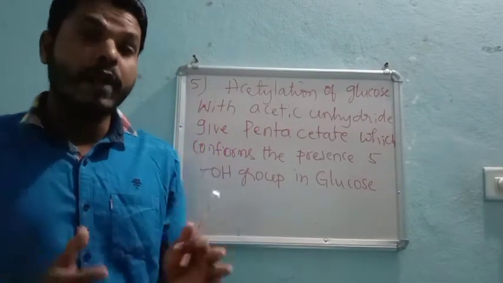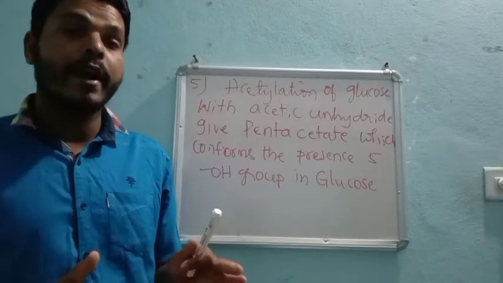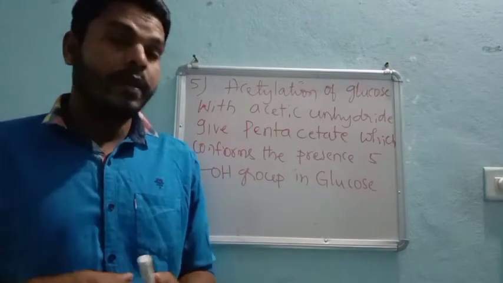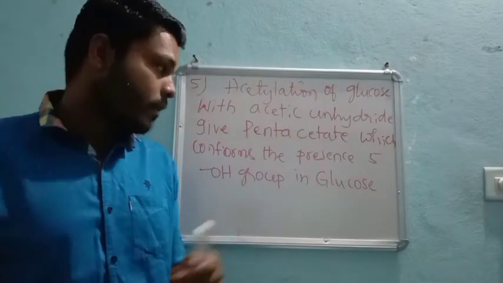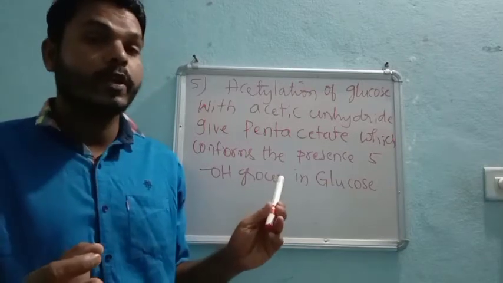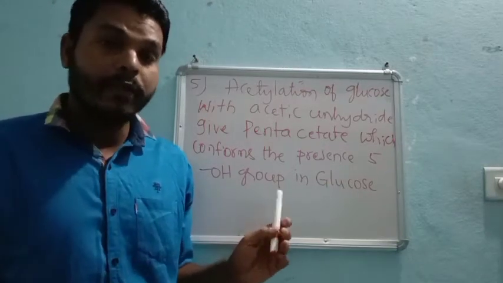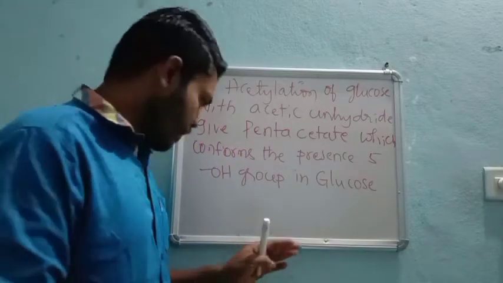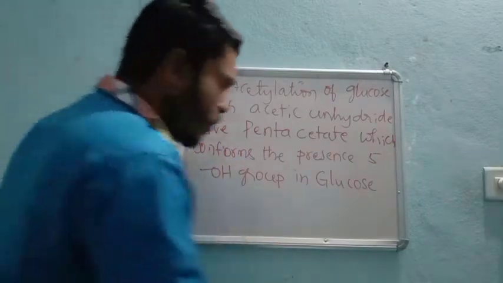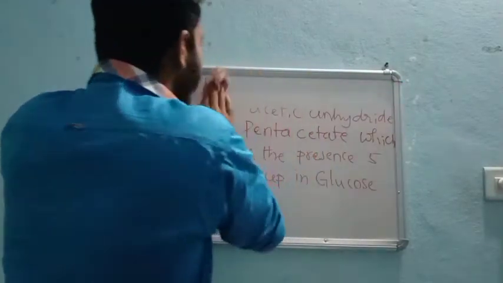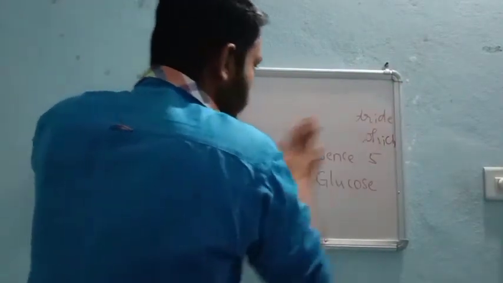That means 5 moles of acetic anhydride react with our glucose. That indicates the presence of OH groups, because only due to the presence of OH groups are they reacting with acetic anhydride, right? These 5 OH groups, later we will see the reaction of this, right?